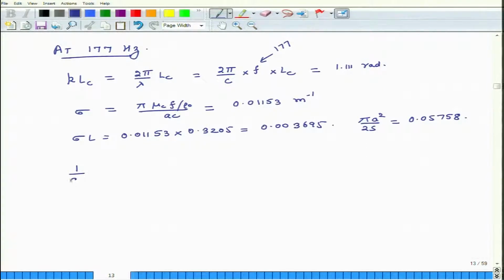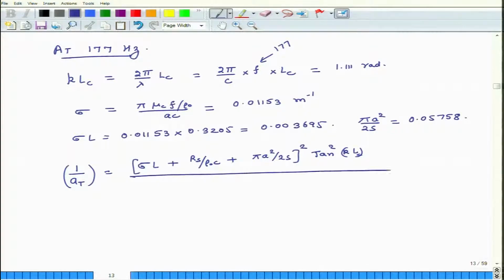So, 1 over AT for this situation equals sigma L plus Rs divided by rho naught C plus pi A square by 2s, the whole thing squared, times tangent square KLC, plus 1 divided by sigma L plus Rs by rho naught C, square, tangent square KLC, plus 1.